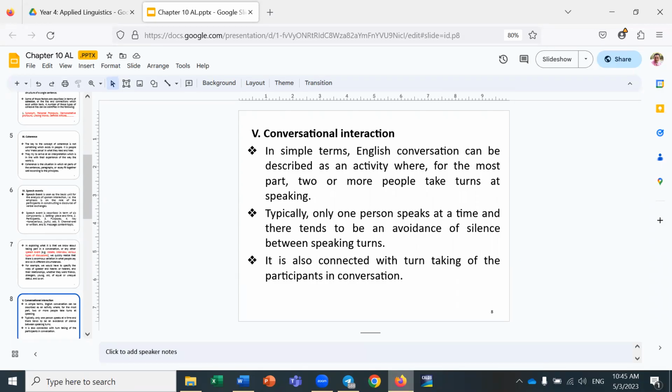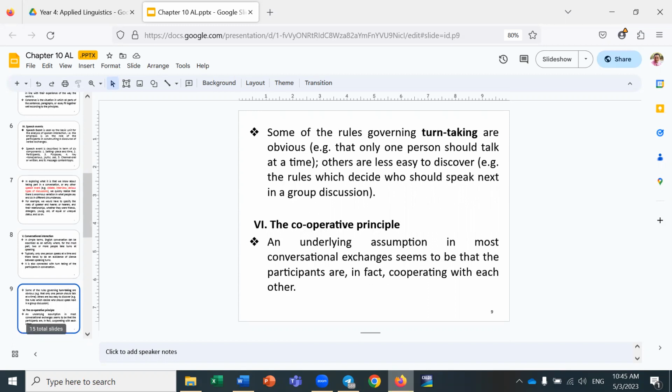It is also connected with turn-taking of the participants in the conversation. Some of the rules governing turn-taking are obvious, for example that only one person should talk at a time. Others are less easy to discover, such as the rules which decide who should speak next in a group discussion.